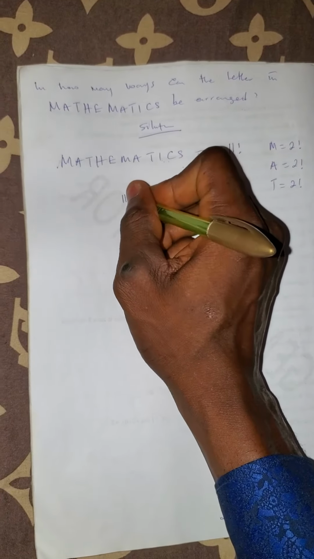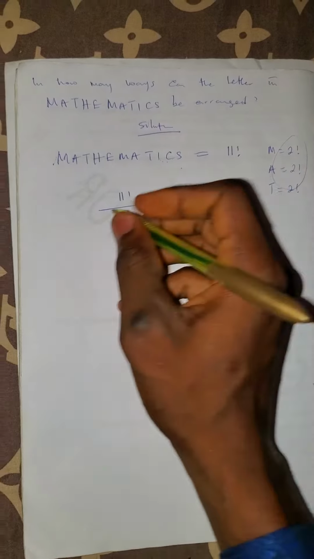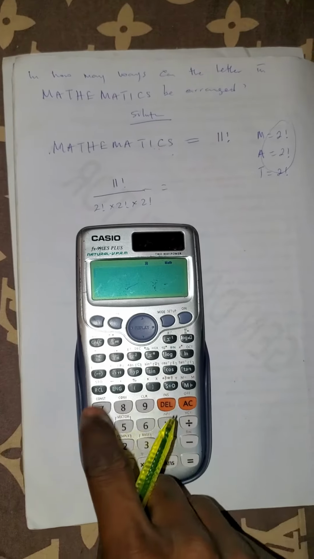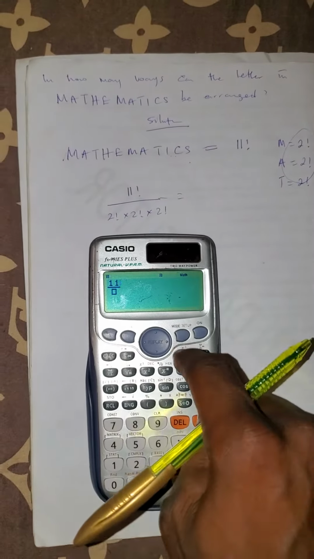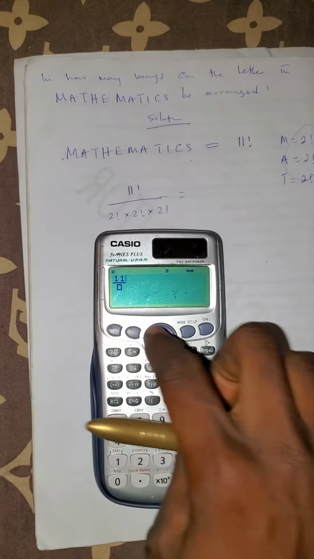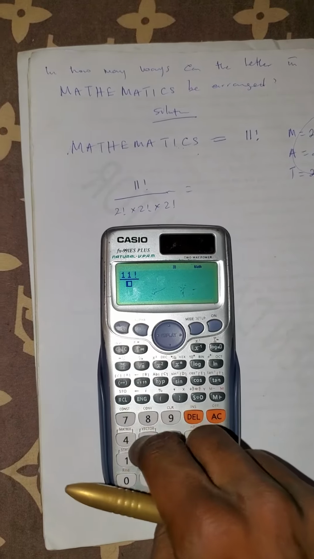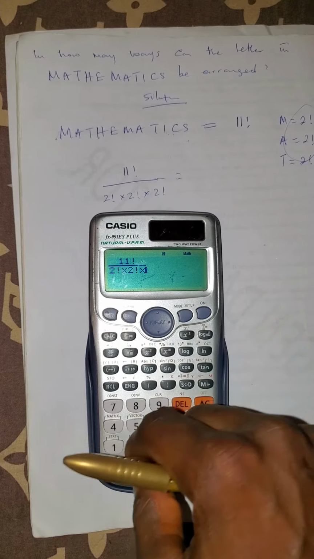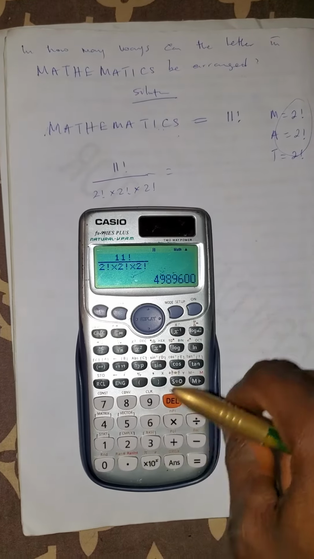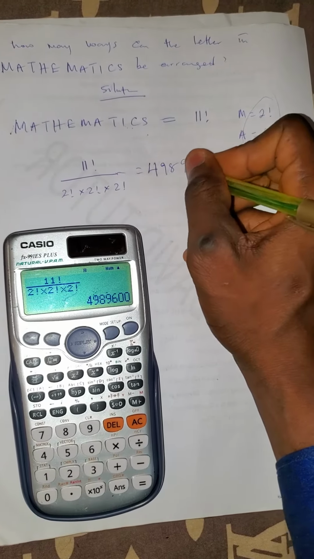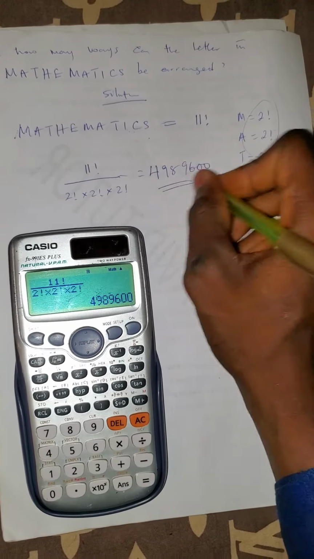So the answer will be 11 factorial over 2 factorial multiplied by 2 factorial multiplied by 2 factorial. Let's press it. The answer is 4,989,600. So that's it.